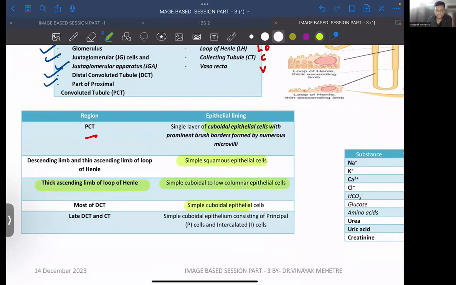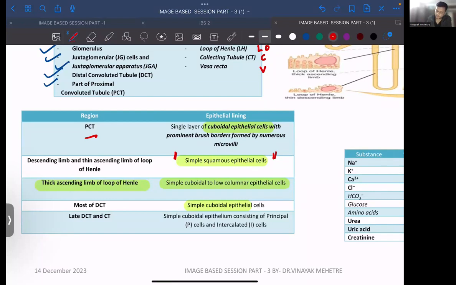What you need to remember is that all parts have cuboidal epithelial cells except the thin limb, which has simple squamous epithelial cells. If you remember this, it is very easy.